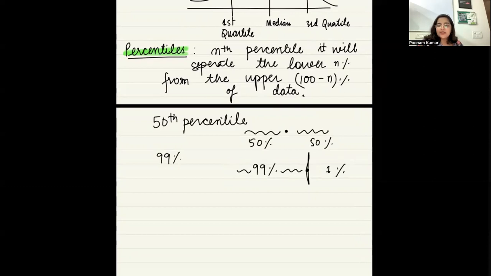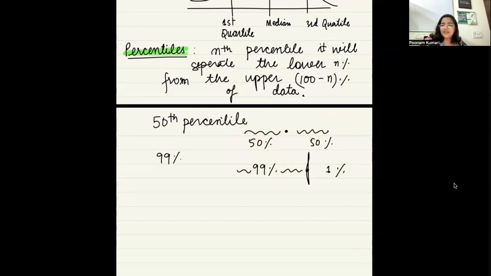Yes, ma'am. So what is a 50th percentile? What is that point which divides the data into 50% and 50%? What does the median value do?